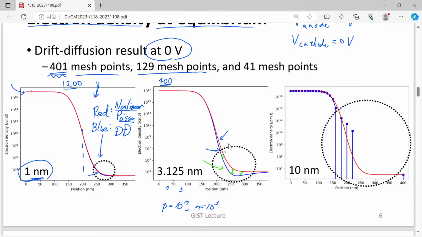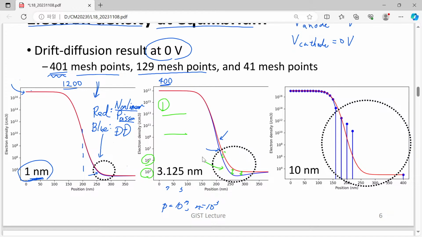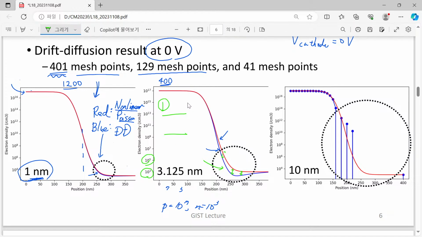Then maybe you may have two reactions. One reaction: okay, maybe it's not that important, because here we have quite small values like 10 to the 3 or 10 to the 5. Who cares about the minority carriers? I will not consider this a serious issue. But no, it is really important.